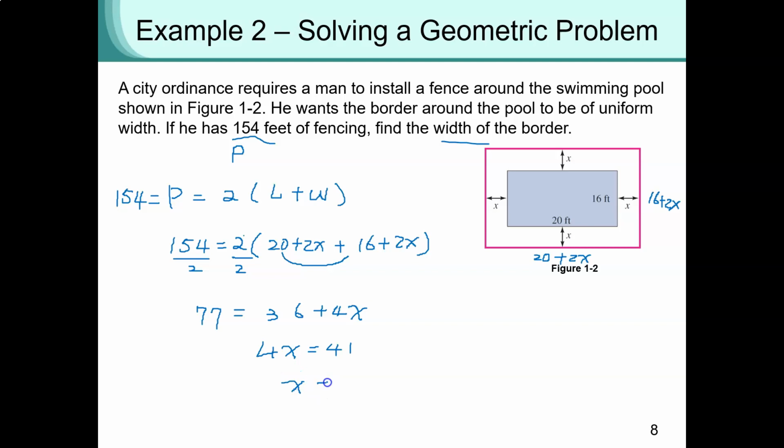So x is equal to 41 over 4. The unit would be the foot. So the uniform width would be 41 over 4. If you want to convert this number into a mixed fraction, that would be 10 and 1 over 4 feet.